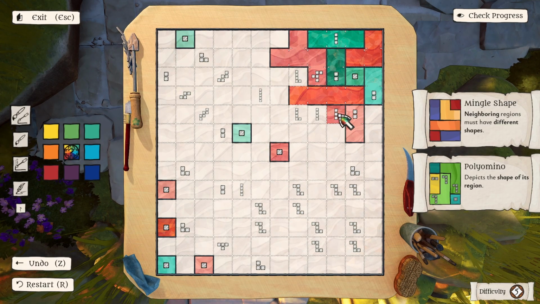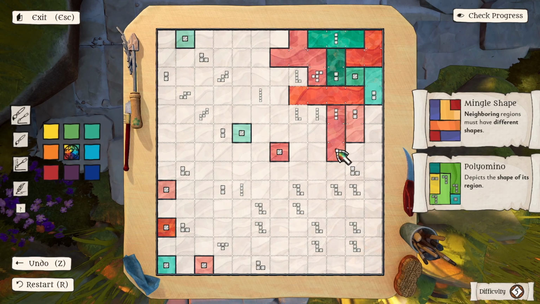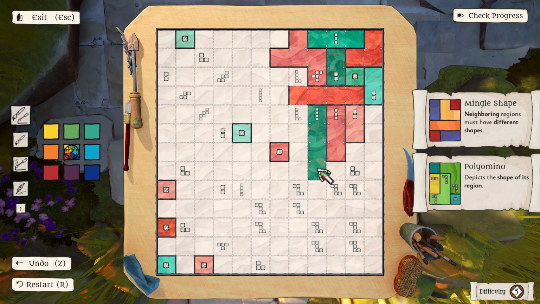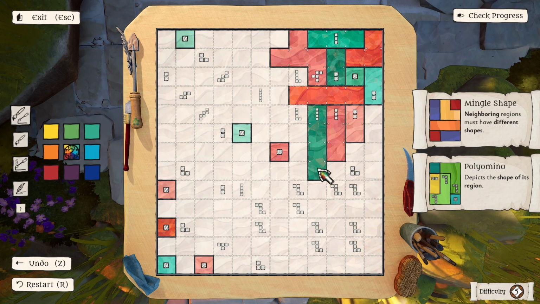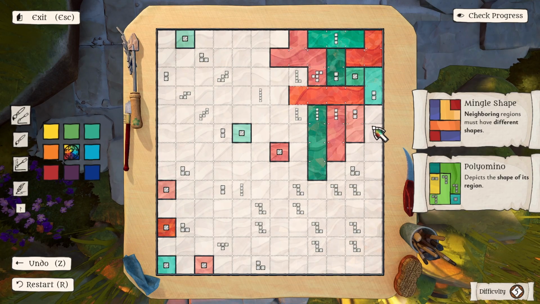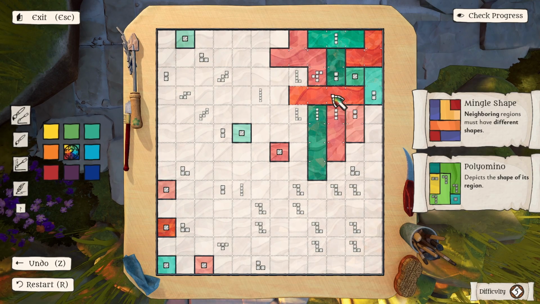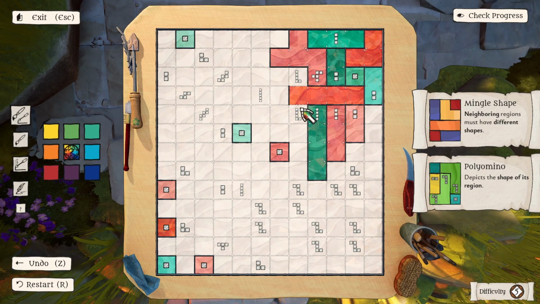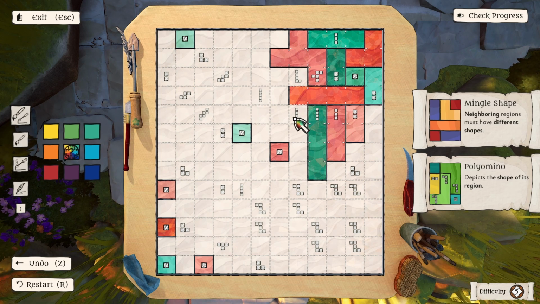This has to be part of a 3, just like that, and a 4, just like that. I still don't have which one this is. Wait a minute.